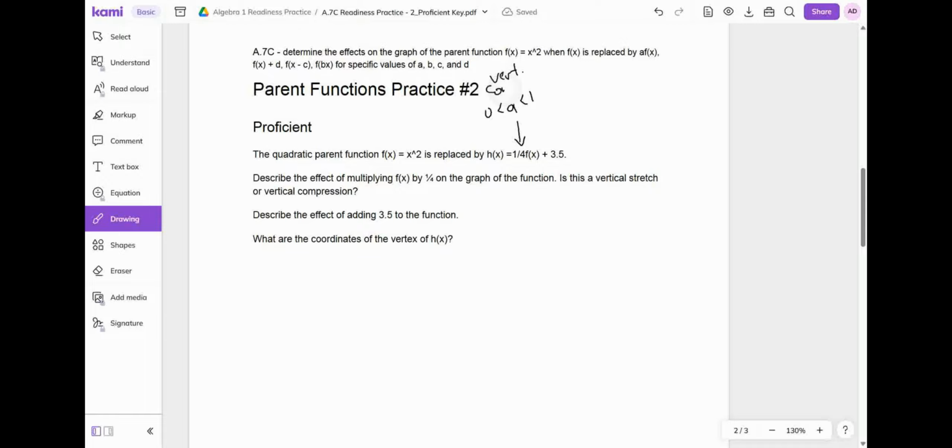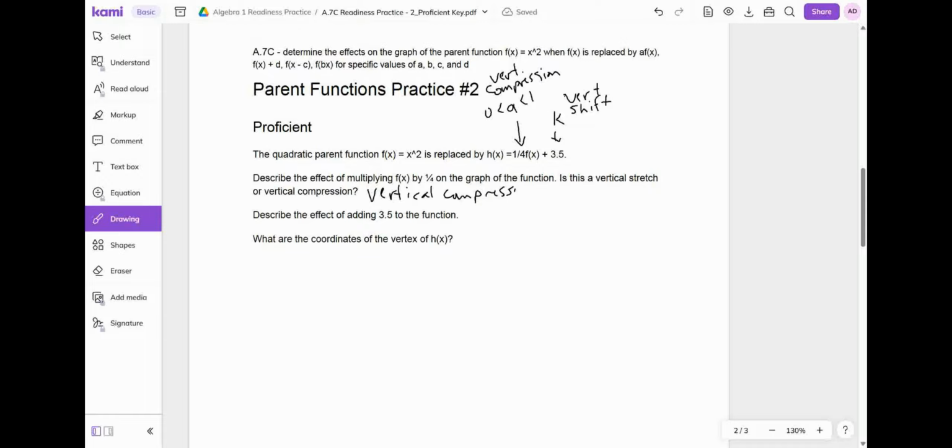It's going to get wider. And now we have a k, excuse me. This is your k term. So it's going to be a vertical shift. So we're compressing it and shifting it. There is no h term. Okay, so we've already discussed this. This is a vertical compression.